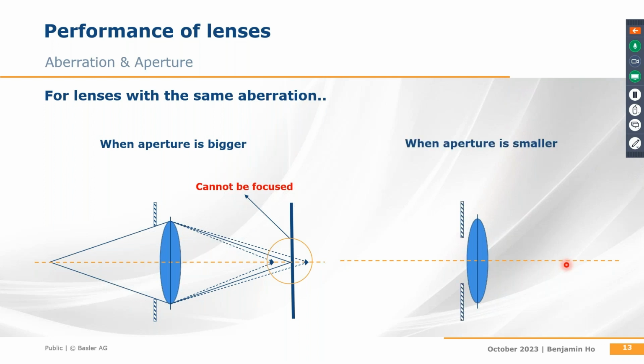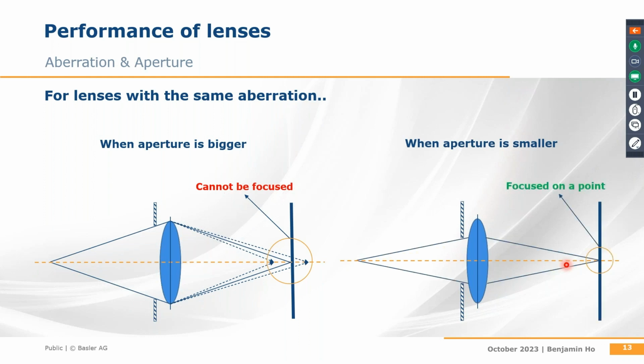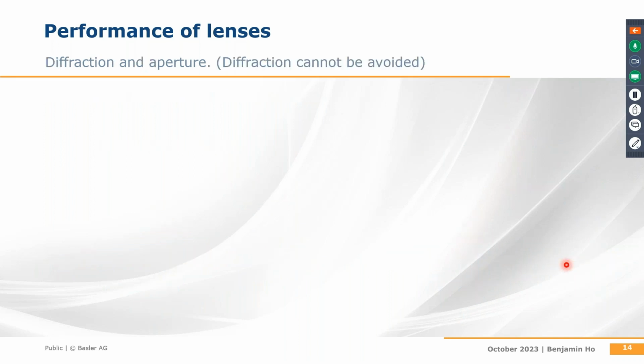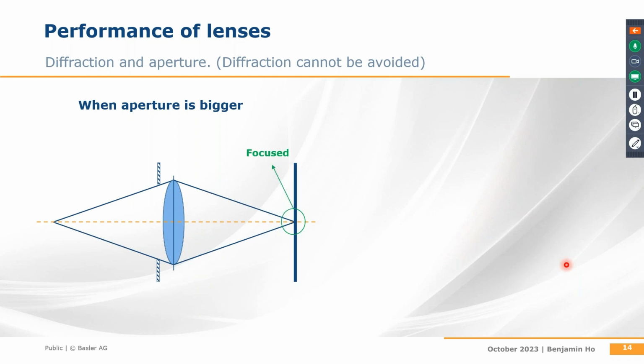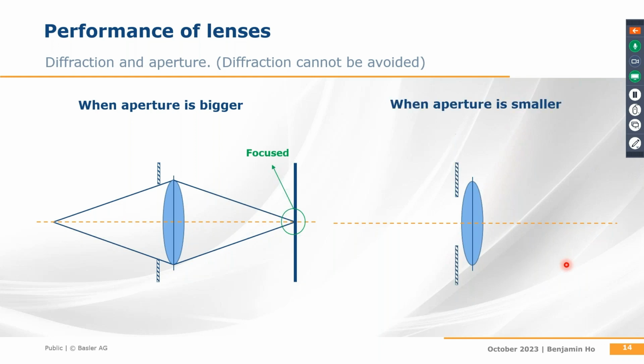For a lens with small aberration, when the aperture is small, the light beam is focused on a single point. Lens diffraction is sometimes unavoidable, but we can minimize it by opening the aperture. When the diffraction is high, it affects the sharpness of the image.